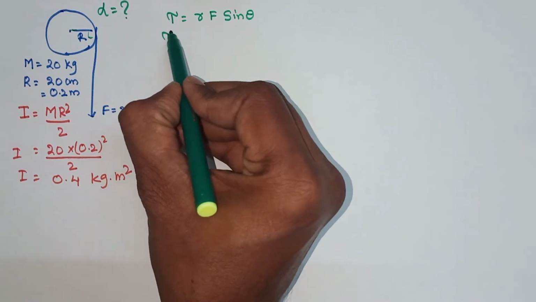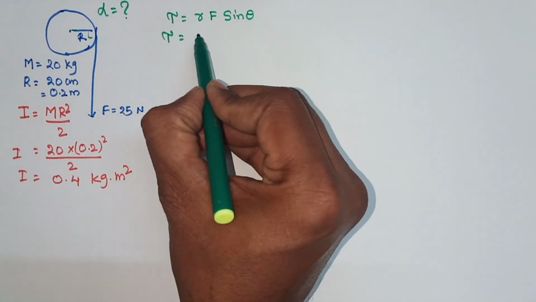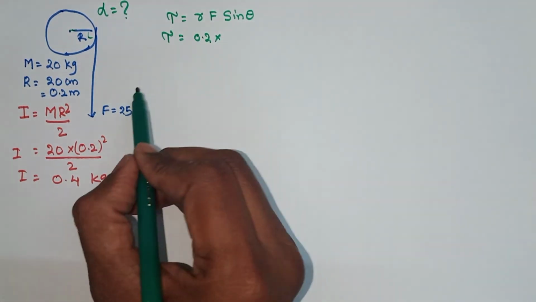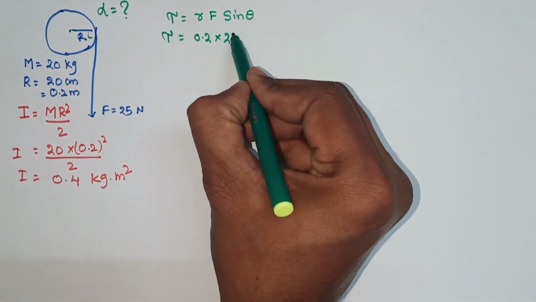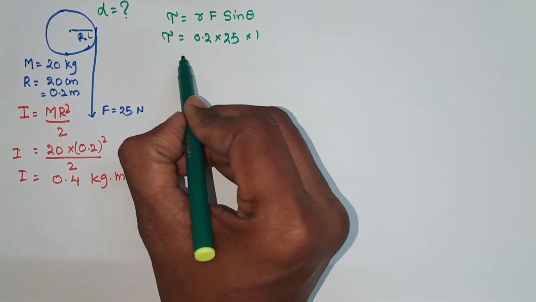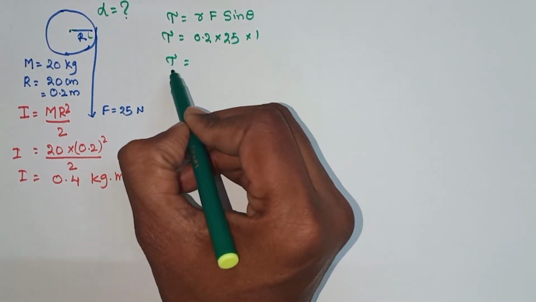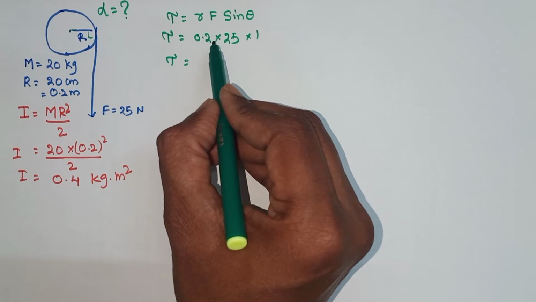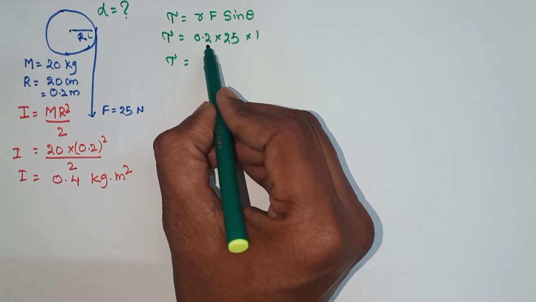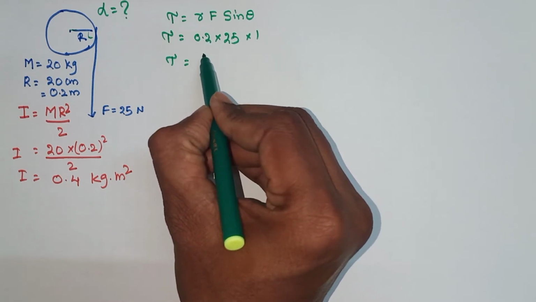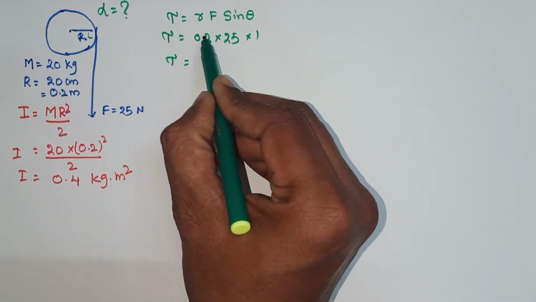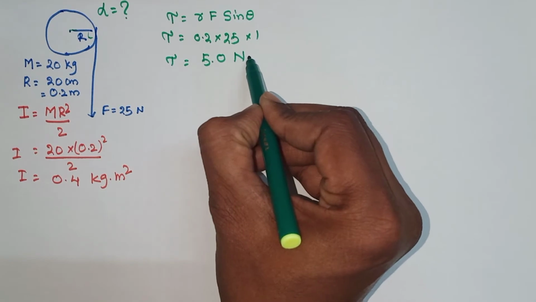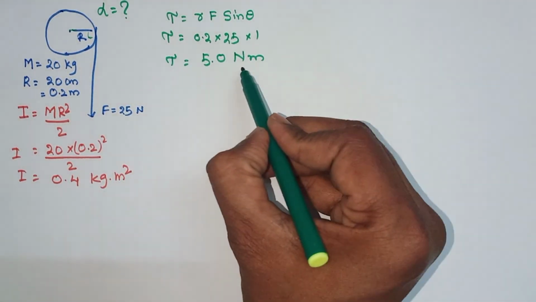So R is equal to 0.2 meter, F is 25, sine 90 is 1. So tau is equal to 5.0 newton meter.